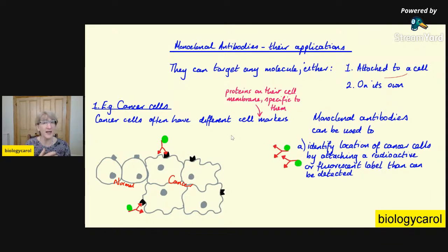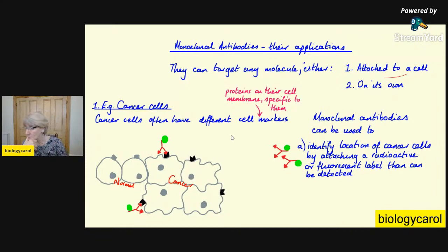For the purposes of A-level, for the purposes of getting marks in the exam, you only need to know antigen, which is a more general term for something that binds to an antibody. I hope that helps. You're actually going beyond most A-level syllabuses in understanding and knowing what an epitope is.